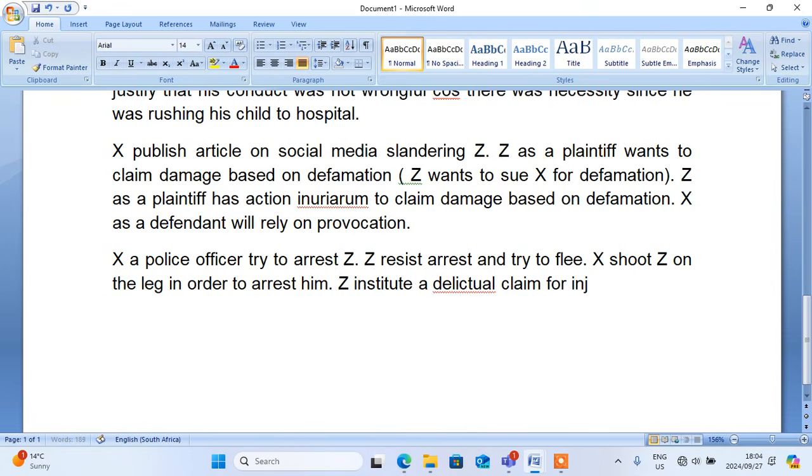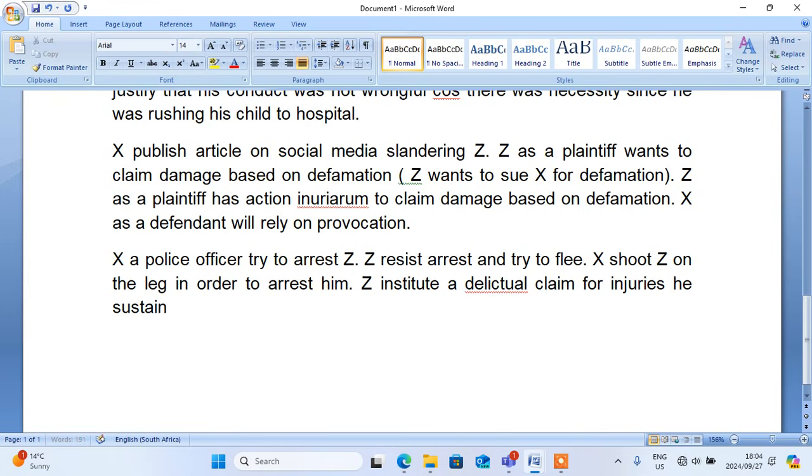for the injury sustained on the leg, right? It means that Z will rely on, it means that Z has what? Has the actio legis Aquiliae, right?